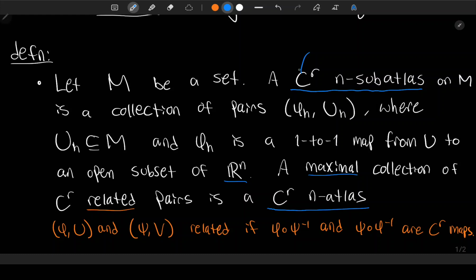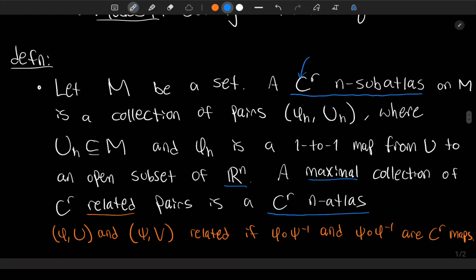And here, CR means phi h is R times differentiable. So R times differentiable means that you can take R derivatives of phi h and you still have a continuous function. After R times, you may no longer have a continuous function.